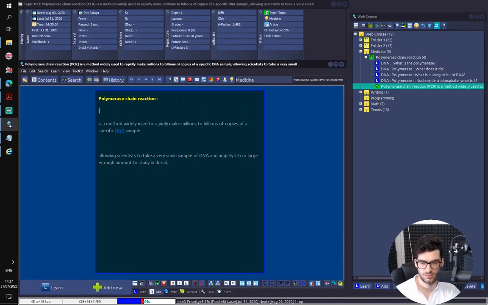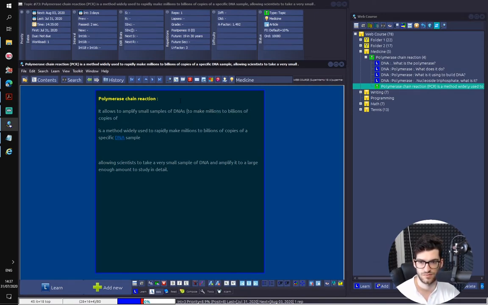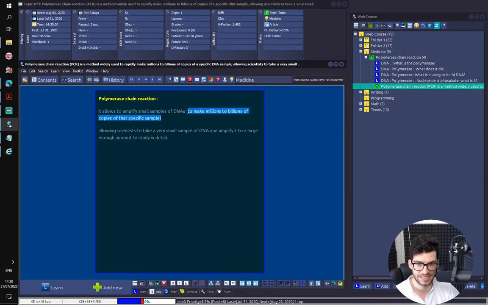It allows to amplify small samples of DNA, and let's put a graph bracket to make millions to billions of copies of that specific sample. Okay, this second part is wrong. You shouldn't keep this second part. This one is completely wrong. But for now, we're going to leave it because maybe it's not that bad leaving it here, okay?